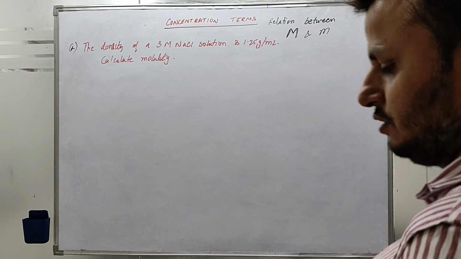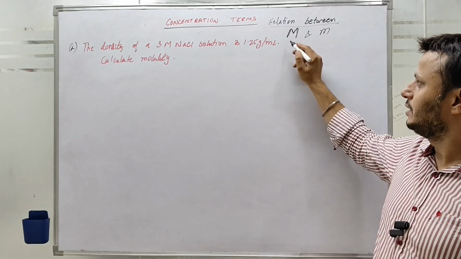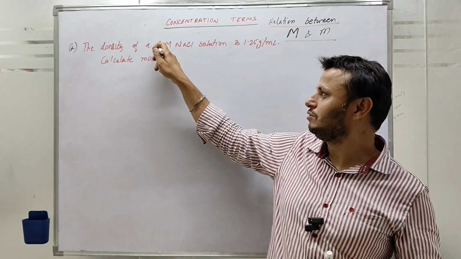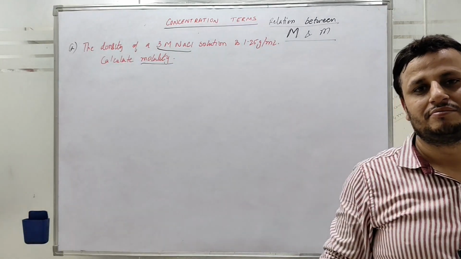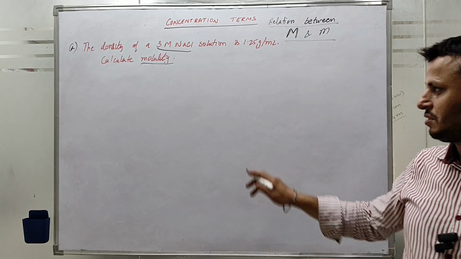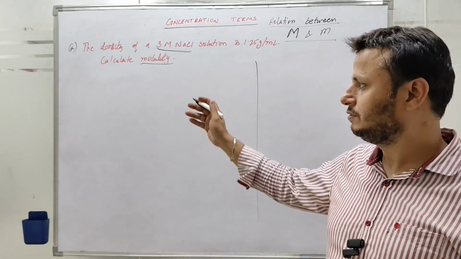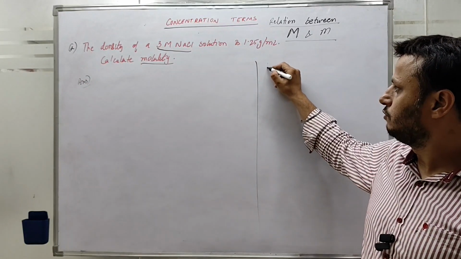So the next is, now we have to interconnect these terms. We are given molarity and we have to find molality. There are two methods. The first we will do by calculation, and second we will make a formula.